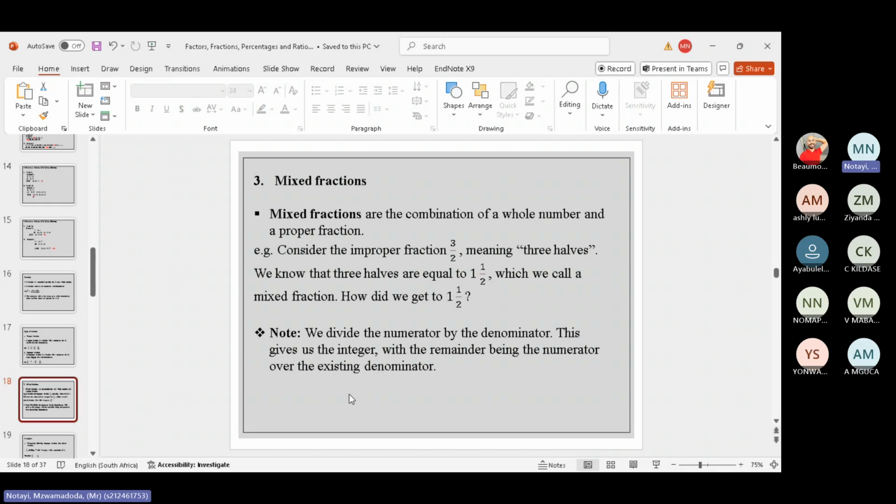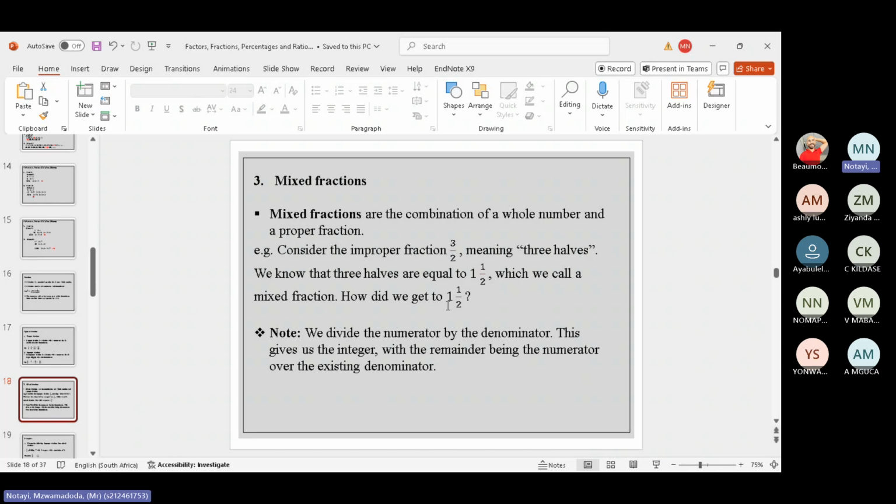How did we get to 1.5? Note we divide the numerator by the denominator. This gives us the integer, with the remainder being the numerator over the existing denominator.